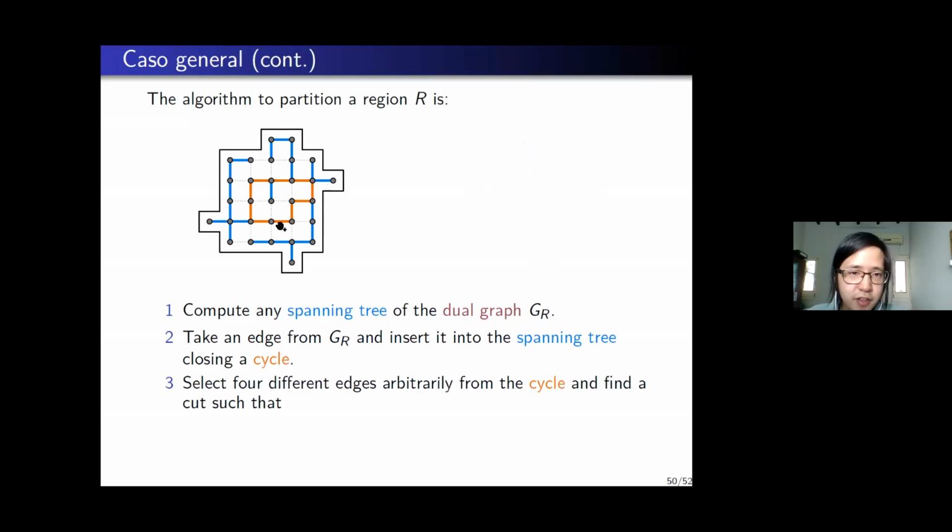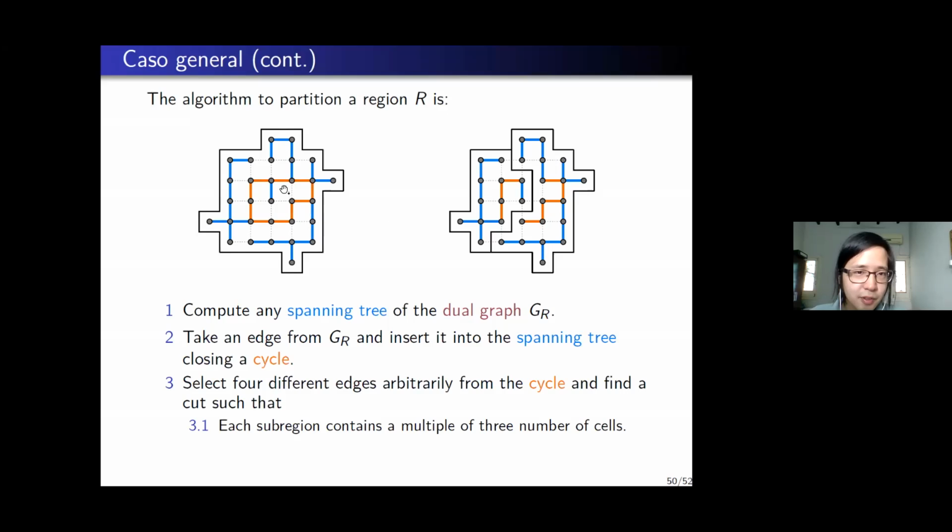Then we take 4 arbitrary edges of the cycle and try all combinations of cutting 2 of the edges, to partition the graph into 2 subregions, each of them having a number of cells that is a multiple of 3. And this is always possible.